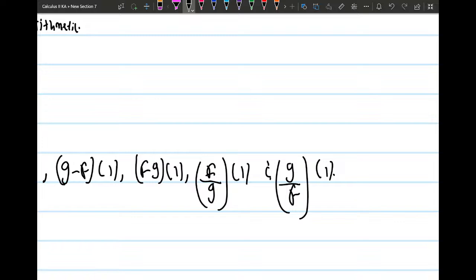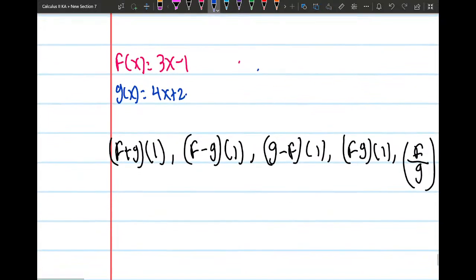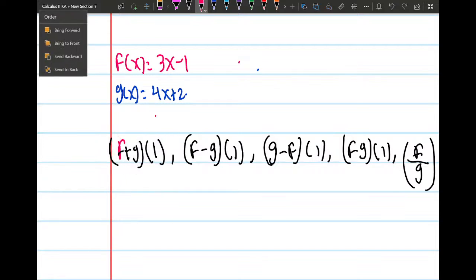I'm going to color code here. So f plus g of 1, f minus g of 1.